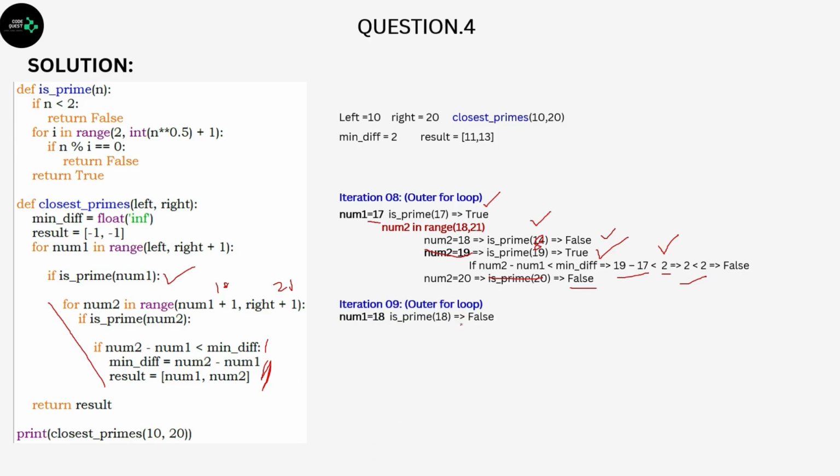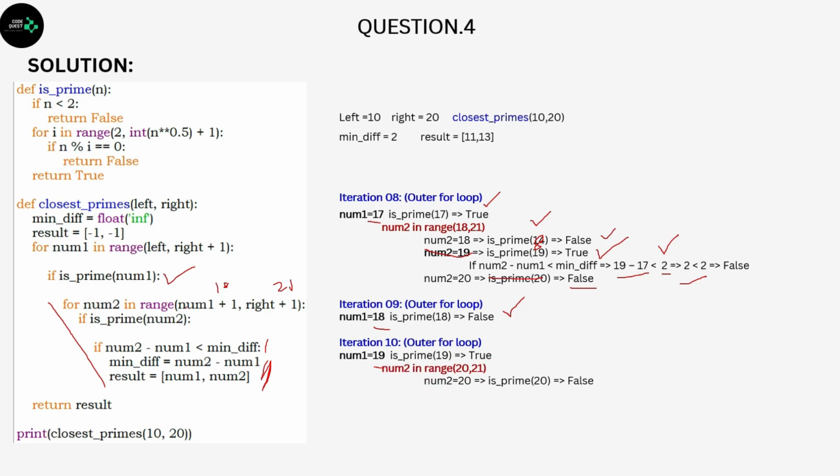We'll move out to iteration 9, for which num1 is 18. When num1 is 18, is prime is going to return false because it is not a prime number. Hence, we will not enter this inner loop. Now, iteration 10, num1 is 19. When I call is prime on num1, that is 19, it is true.